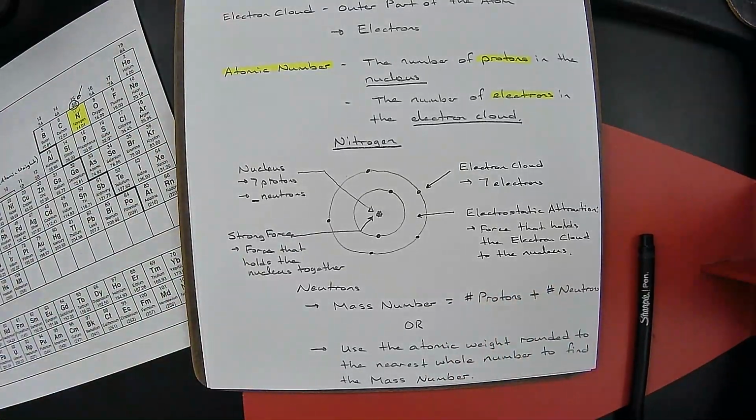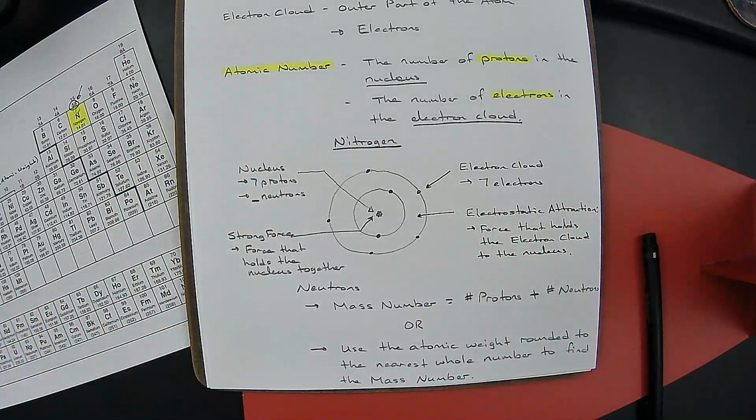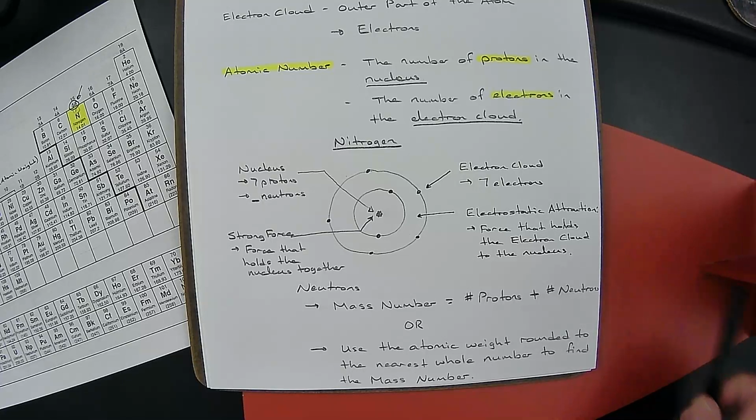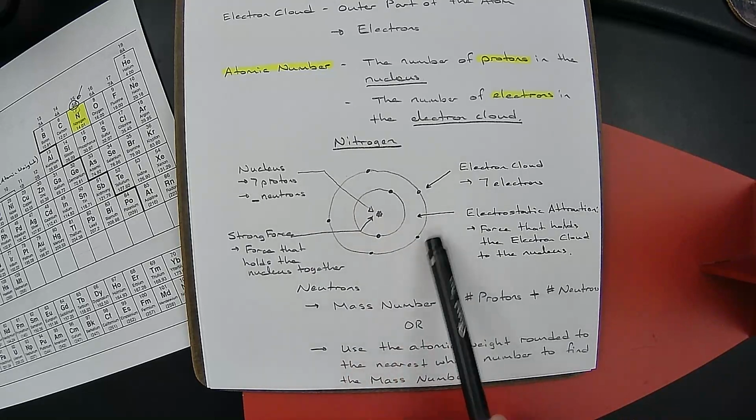All right, I hope this helps in understanding the structure of the atom. We will continue to elaborate on finding the number of protons, finding the number of electrons, as well as finding the number of neutrons.